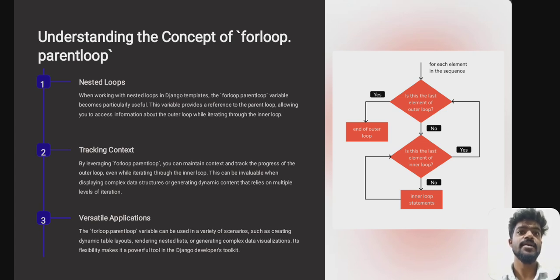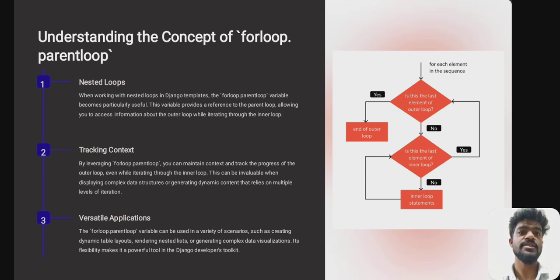Tracking context. By leveraging forloop.parentloop, you can maintain context and track the progress of the outer loop even while iterating through the inner loop. This can be invaluable when displaying complex data structures or generating dynamic content that relies on multiple levels of iteration.